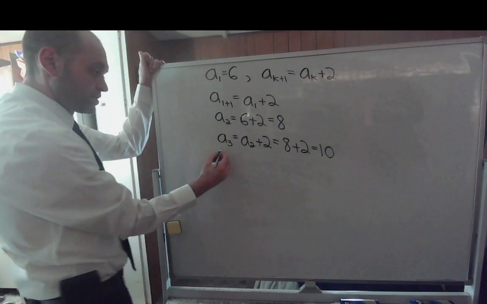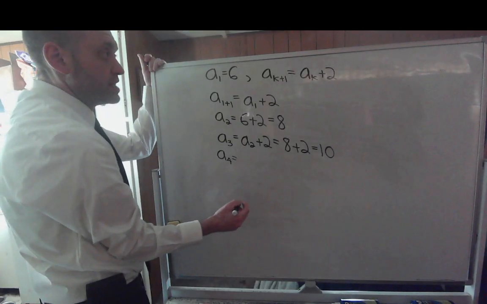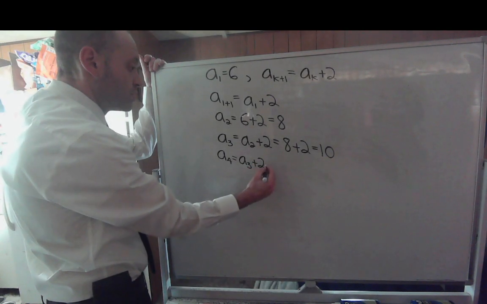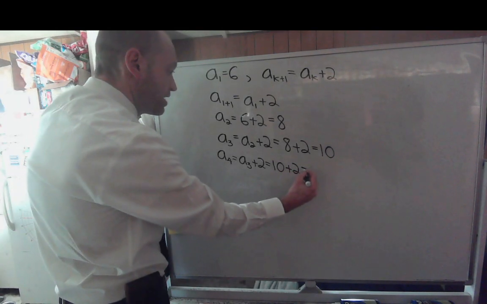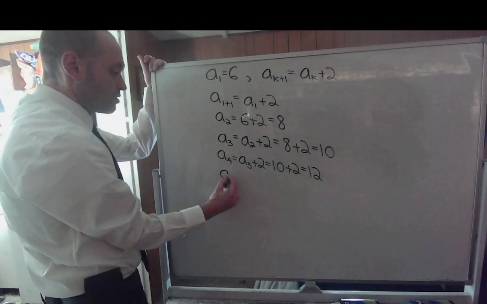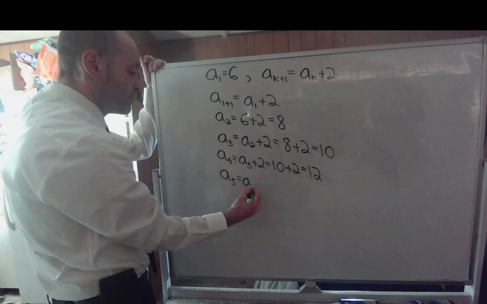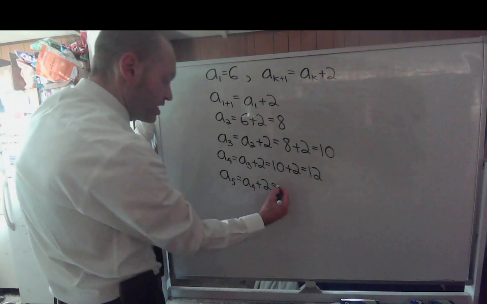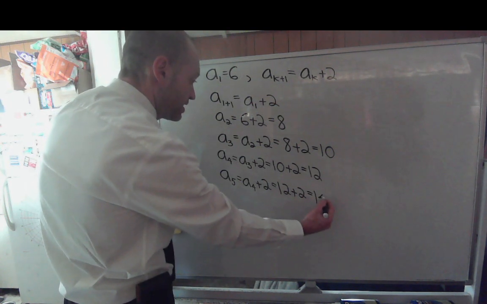Let's find the fourth term. So a sub 4 is going to equal my a sub 3 term plus 2. Well, a sub 3 was 10, so we'll take 10 plus 2, that'll equal 12. And then if we want to find the fifth term, a sub 5, that's going to equal my a sub 4 plus 2, which would give me 12 plus 2, which is 14.